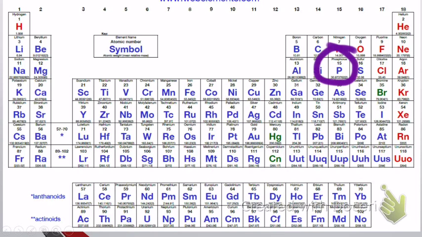First of all, we find phosphorus on the periodic table, and it's got an atomic number of 15. So that means that there must be 15 electrons in the neutral atom. So we're going to have to find a way to put 15 electrons in an energy diagram.